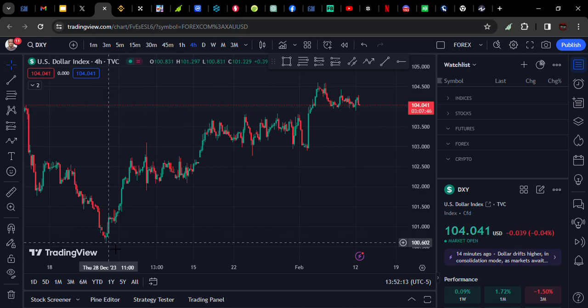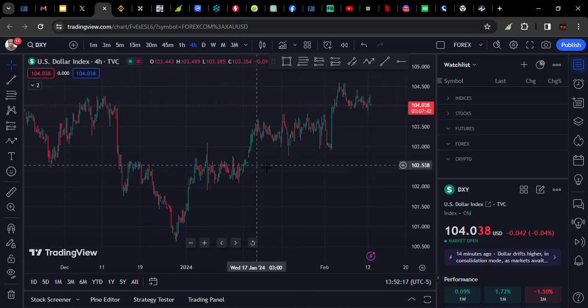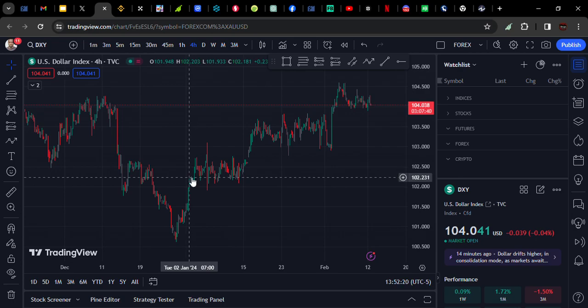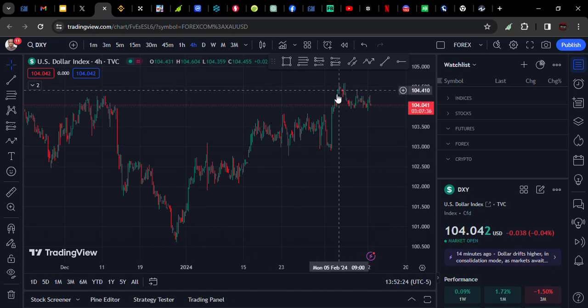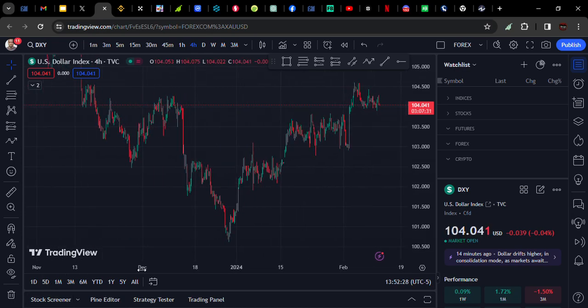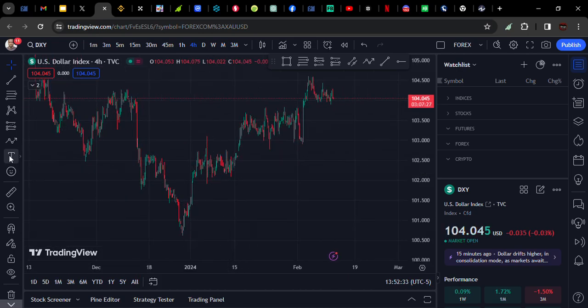You buy here and you wait when it gets high. Some people can sell it from here because it's higher than where they bought from. Some can sell from here, some from here. Some can wait and sell where many people are selling. Now, how do you know where many people are selling? That is where the title support and resistance comes in, right? Let me title it support and resistance.